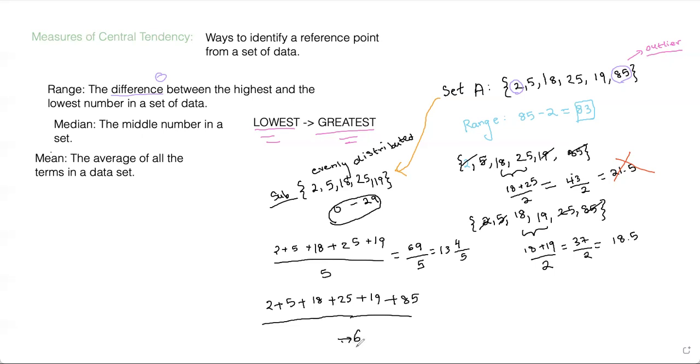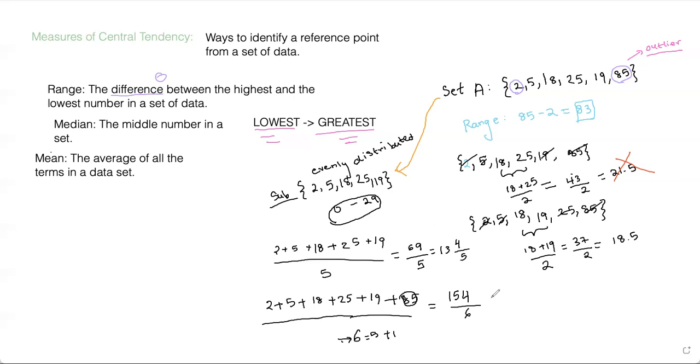That's 5 plus 1, because we added an extra term of 85. So then what we know is that 69 plus 85 is equal to 154. Okay, 154 divided by 6.